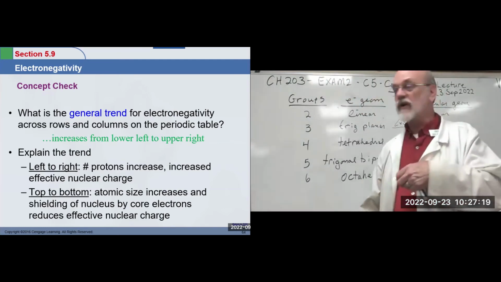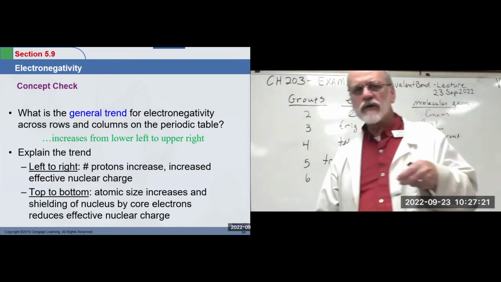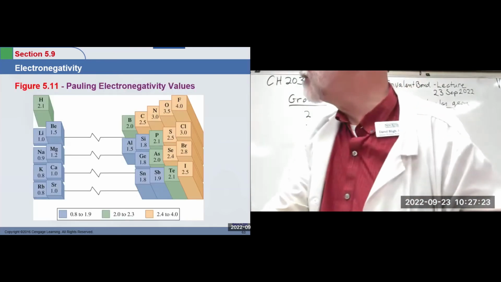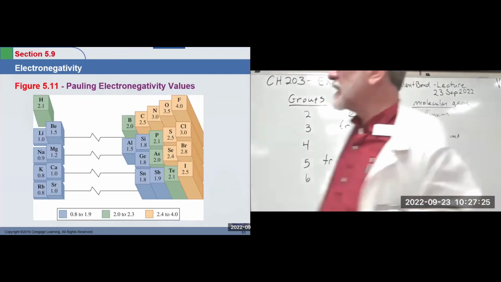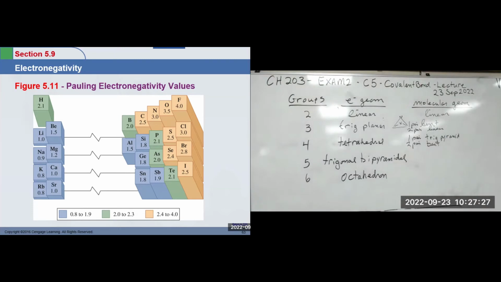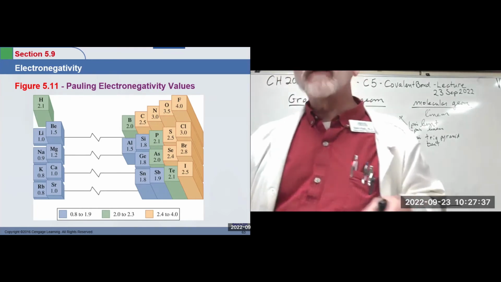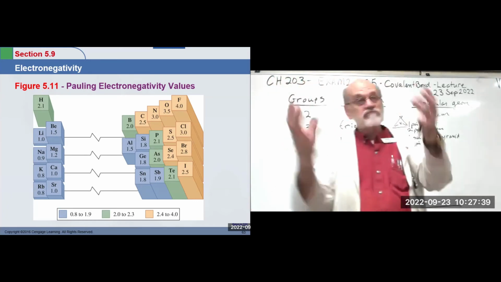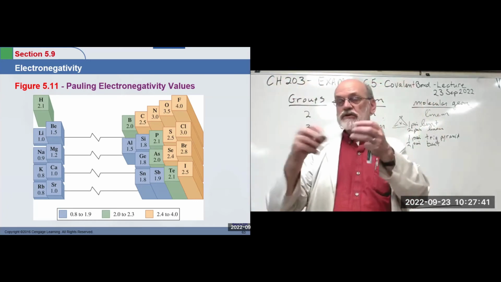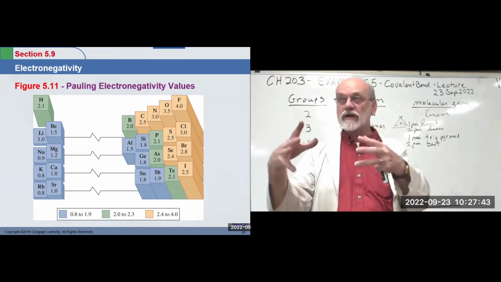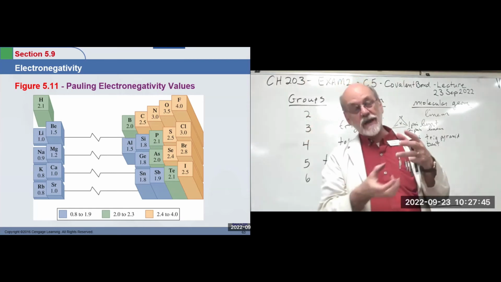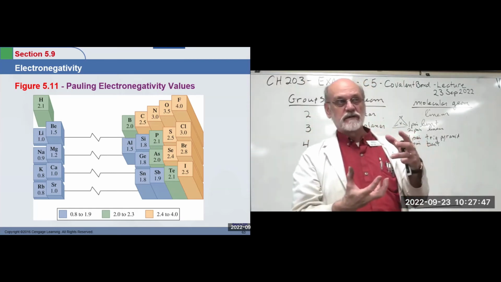Why do these trends occur? Well, if you go across a period, across this second period, what's happening? Well, the electrons are in the same energy shell. You're just adding more of them in the same energy shell. But you're also adding a lot more protons.